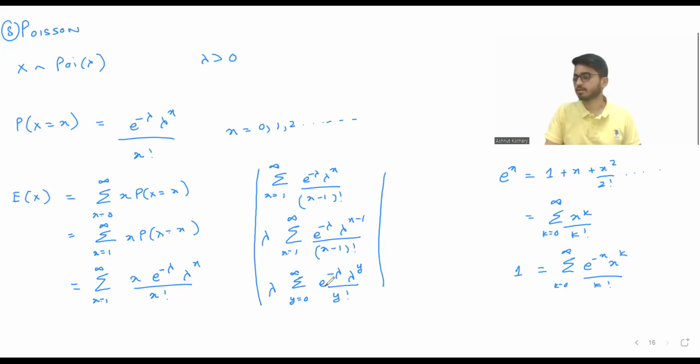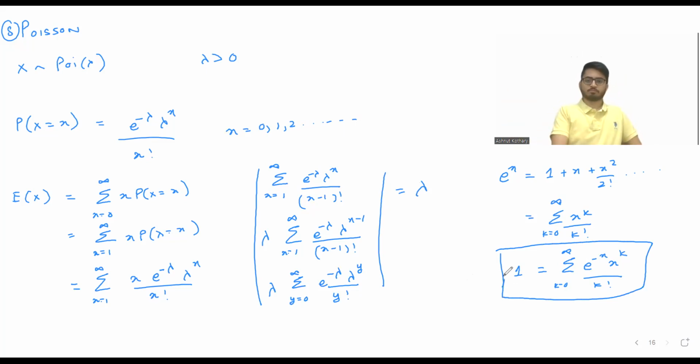Summation of this is nothing but 1. So we are left with lambda. Expectation x comes out to be lambda. Take this down, see if it's clear or not, using this particular result in this step.